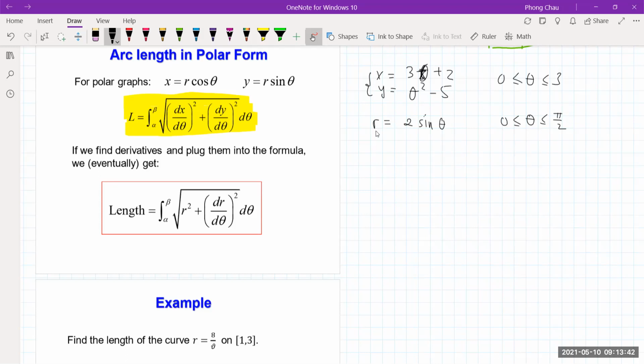For example, if r is 2 sine theta, I can turn that into parametric equations: x equals r, which is 2 sine theta, times cosine of theta, and y equals r again, 2 sine theta, times sine theta. And then we can use this formula. Take the derivative of x, the derivative of y, and then we can go from there.